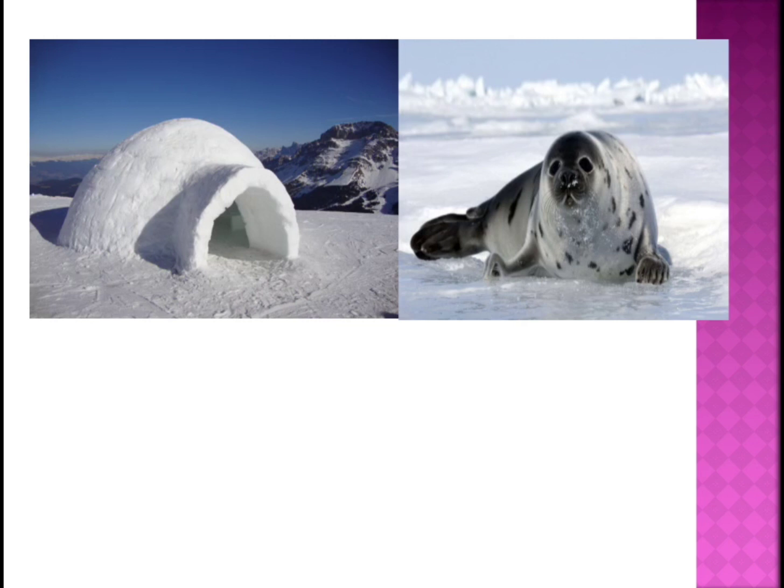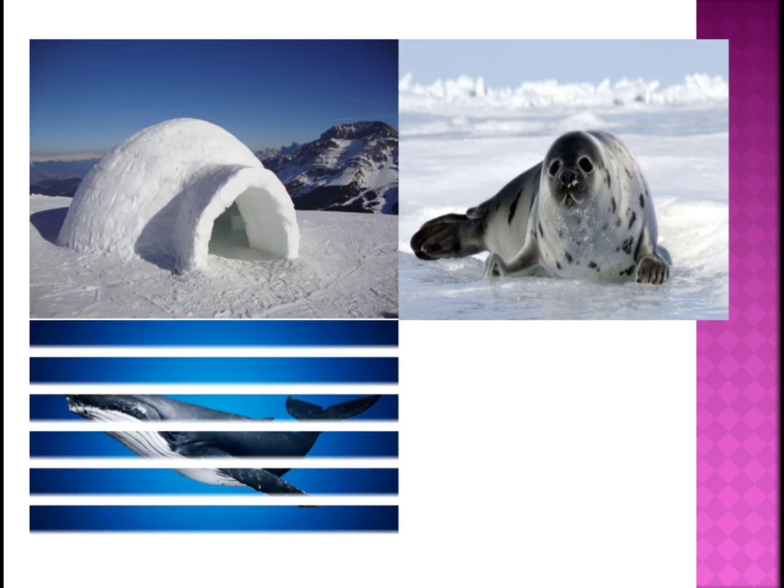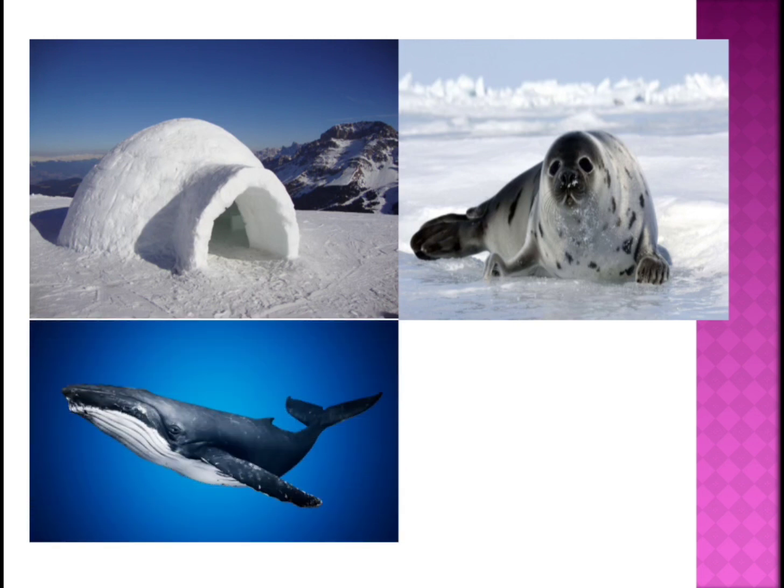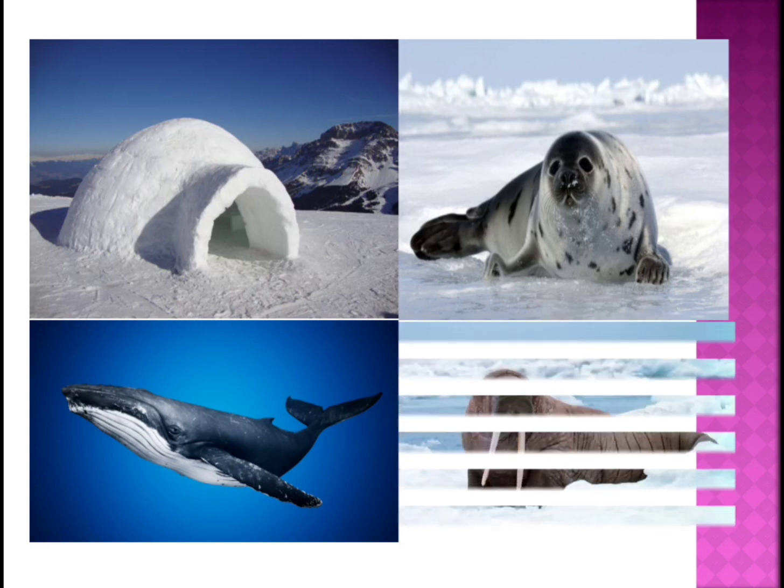And these people are hunters. Okay, this tribe mostly depends on hunting. Okay, children. And what do they hunt? They hunt seals and whales, the water animals. They hunt these animals and also walrus.